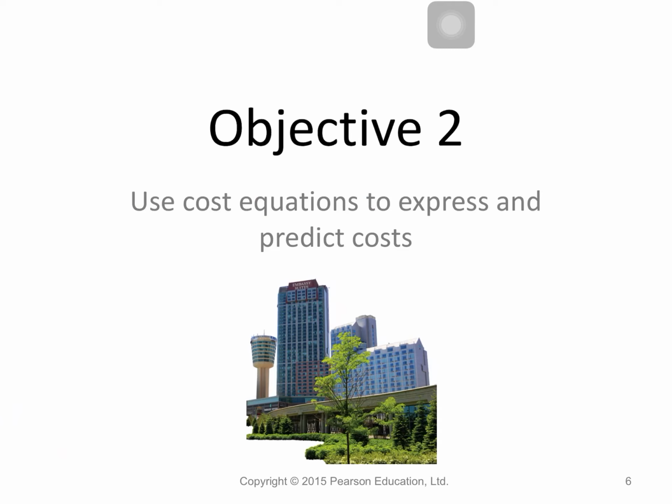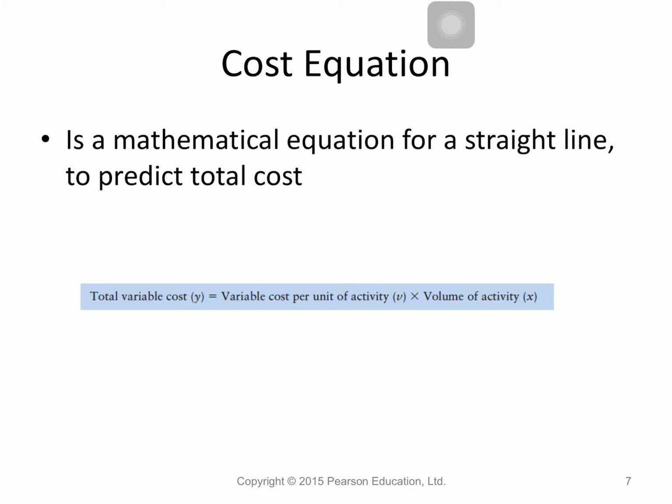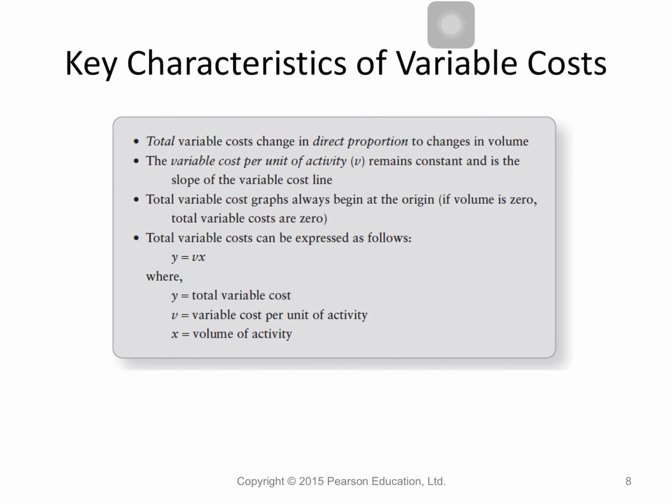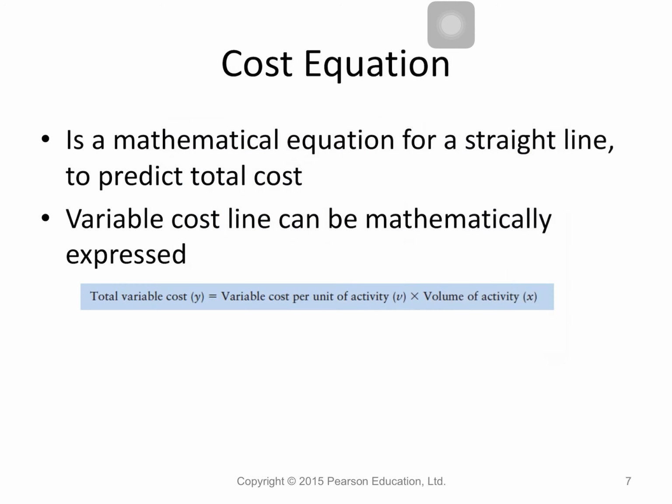Objective 2: use cost equations to express and predict cost. Later we're going to make the equations, and then we're going to use this equation to predict the future cost. The cost equation is a mathematical equation for a straight line to predict total cost.